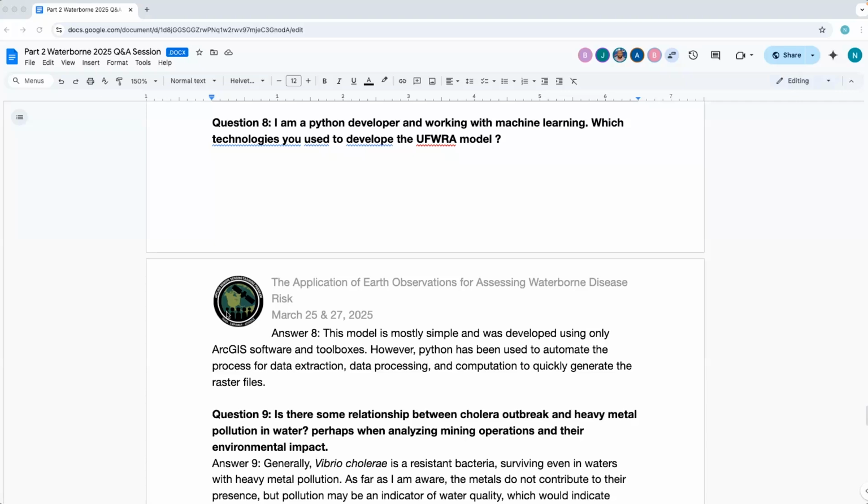So while Python was not used in the actual creation of the model, we have implemented Python to automate the process for data extraction, data processing, and computation. And we use the built-in ArcPy software to automate the process in GIS as well, to get those raster files easily.